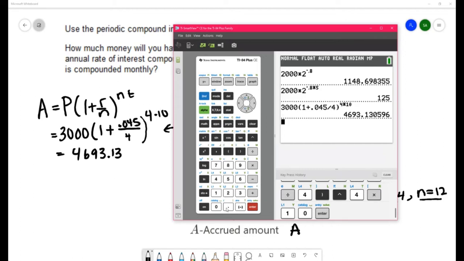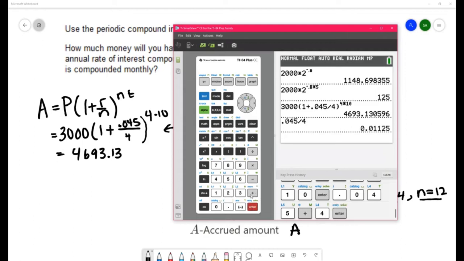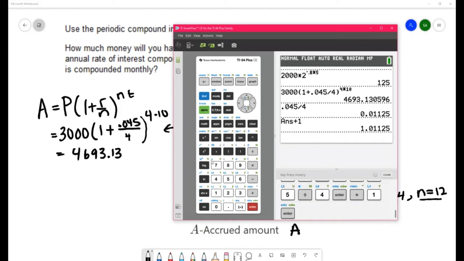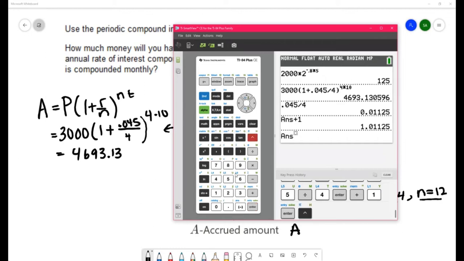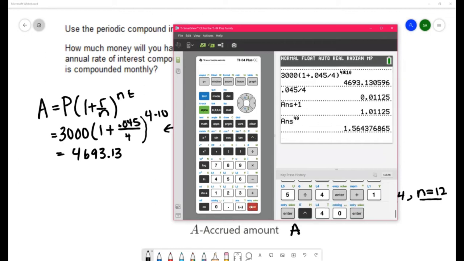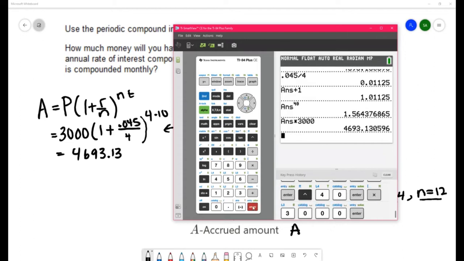So here is what I would do. 0.045 divided by 4. And I'm going to add 1 to the answer. Now I need to apply the exponent. My exponent is 4 times 10, which is 40, so I'm going to raise this to the 40th and then multiply by 3,000. And so you can see we get the same answer, the same accrued amount, by typing the whole formula or by following that order of operations.